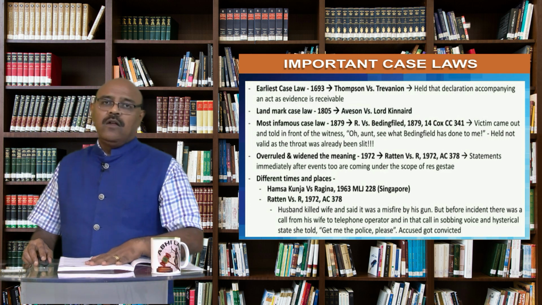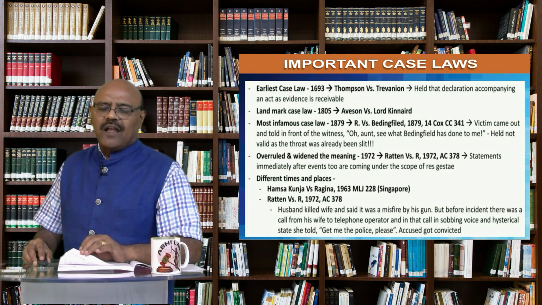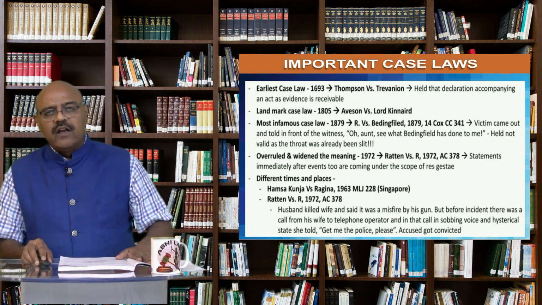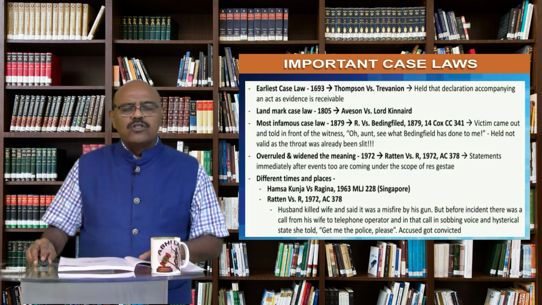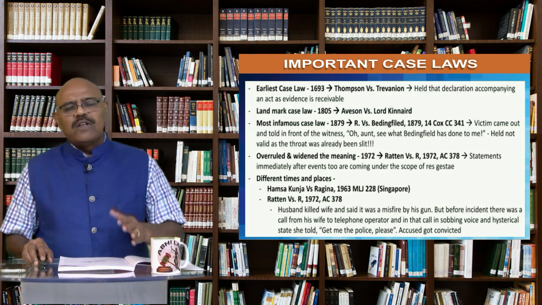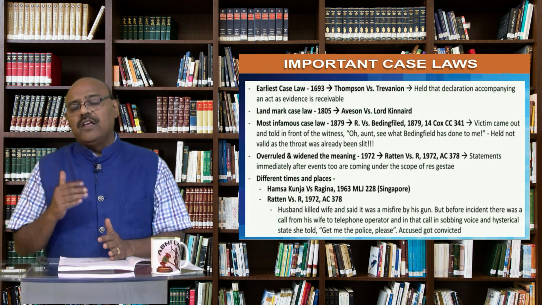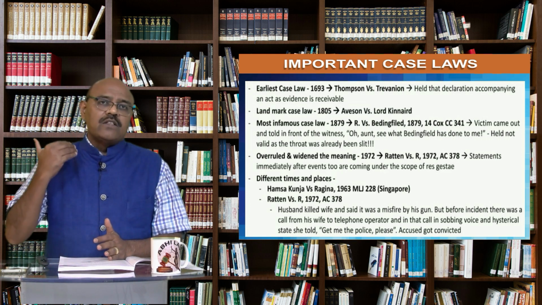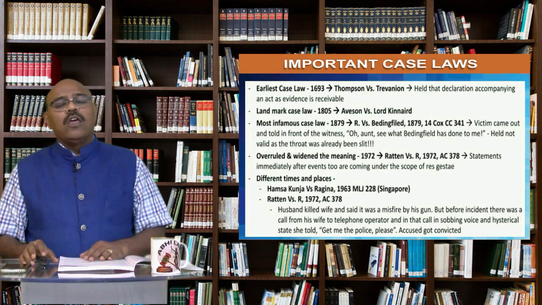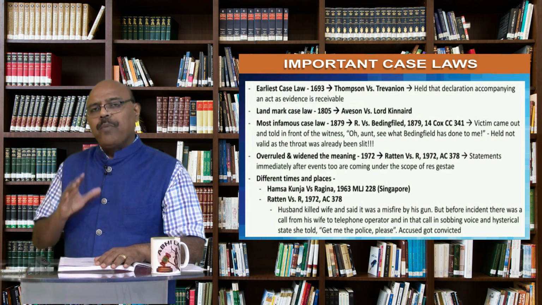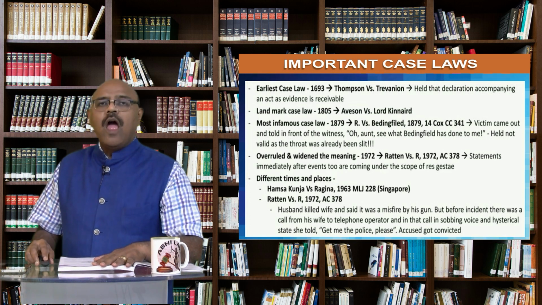This statement, heard by the telephone operator, was used to convict the accused. This was the statement given by the victim, but it was heard at some other place, even though it was said to be part of the same transaction, and the accused was convicted.